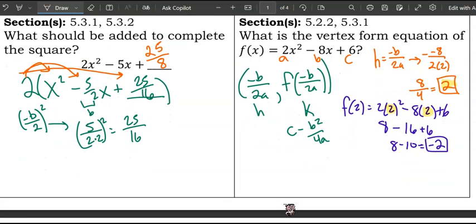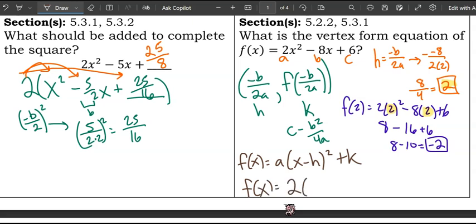Next, we'll rewrite this in vertex form. F of x equals 2 parentheses x minus 2 squared minus 2.